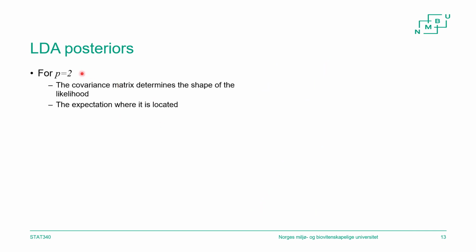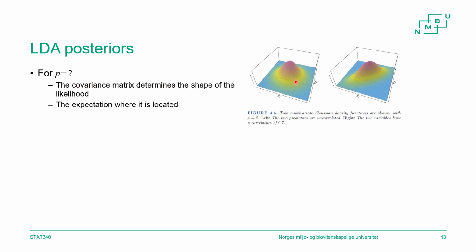If you have more than one X variable, then of course this is more tricky to draw. Here I have just copied some drawings from that book that I mentioned initially. So here you can see we have two, x1 and x2, two columns of X variables, right? And then instead you have the normal distributed sort of mountain, right, in two dimensions now.